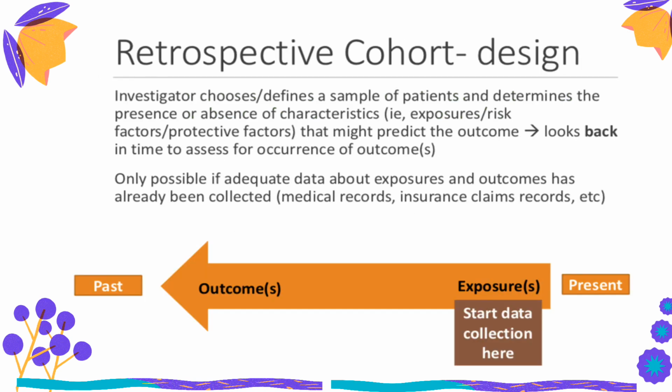The next type of cohort is retrospective cohort design. The investigator chooses or defines a sample of patients and determines the presence or absence of characteristics that might predict the outcome. It looks back in time to assess for occurrence of outcomes. It is only possible if adequate data about exposures and outcomes has already been collected, such as medical records, insurance claims records, and other documentation.